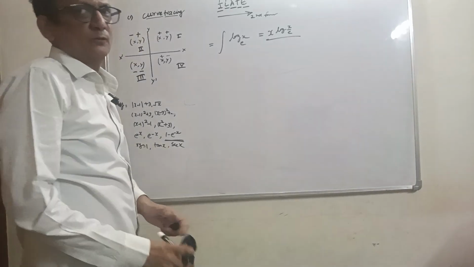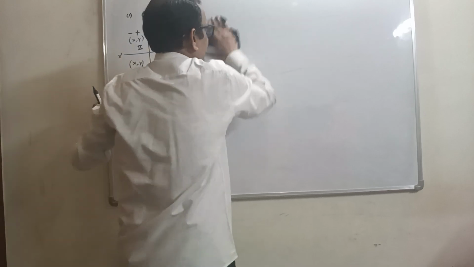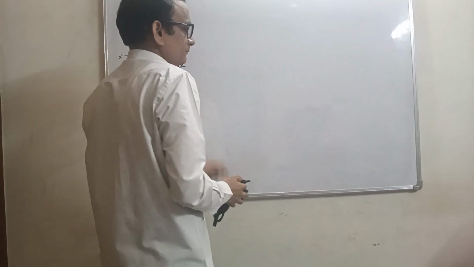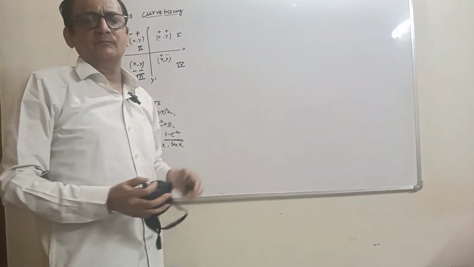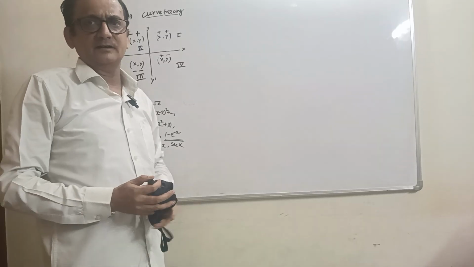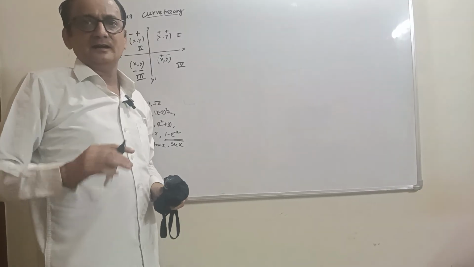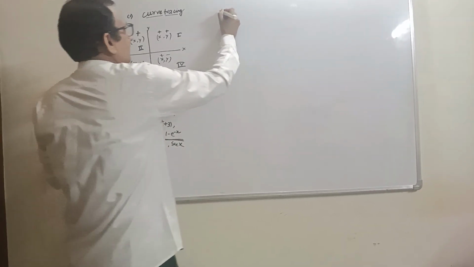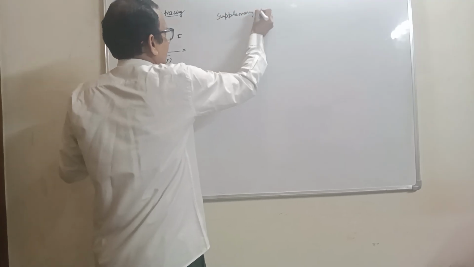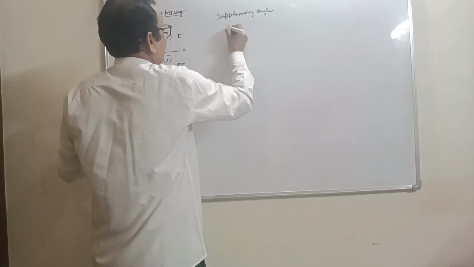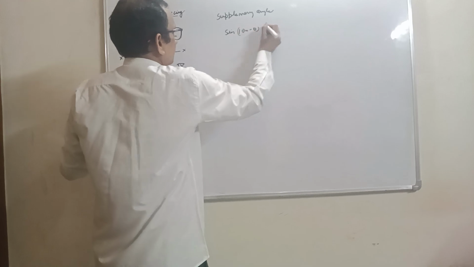So we summarized here some formulas. Some formulas are for trigonometric functions, sin theta, cos theta, complementary and supplementary angles. Supplementary angle: sin of 180 minus theta is equal to sin theta.